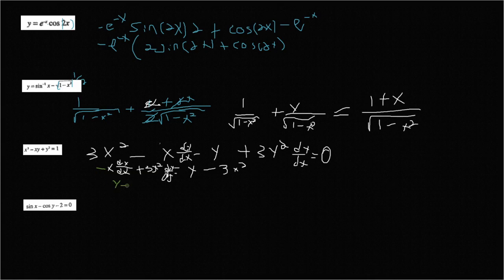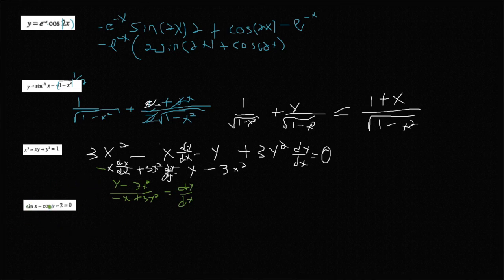So y minus 3x squared over negative x plus 3y squared is equal to dy/dx. And that is it.